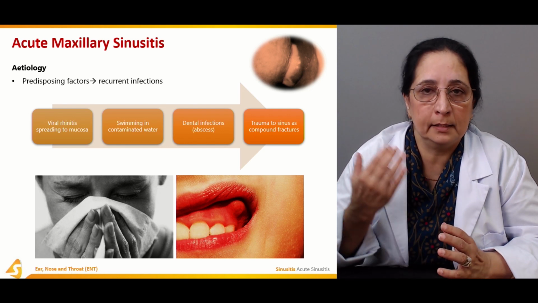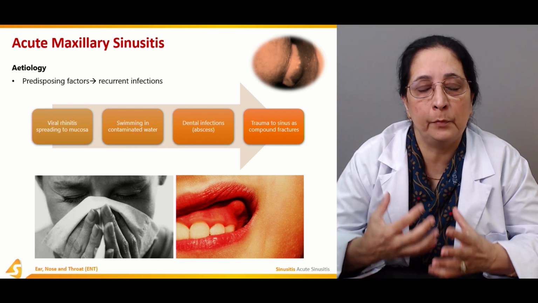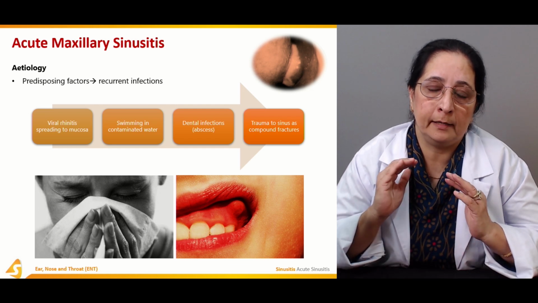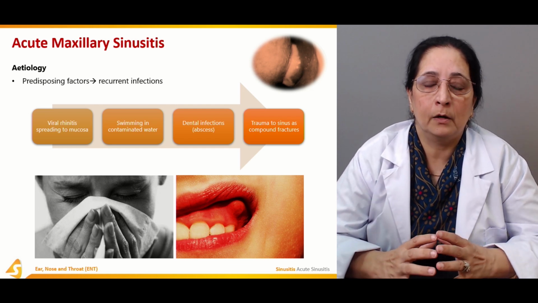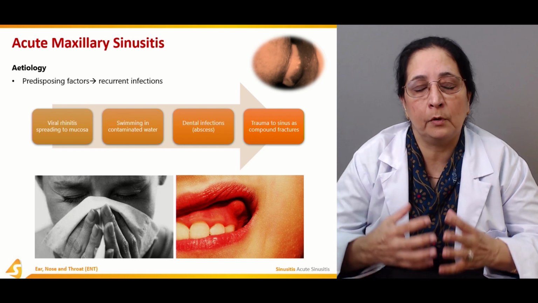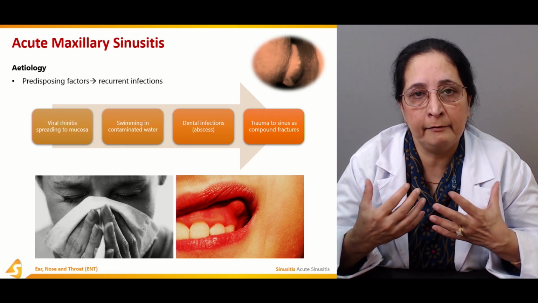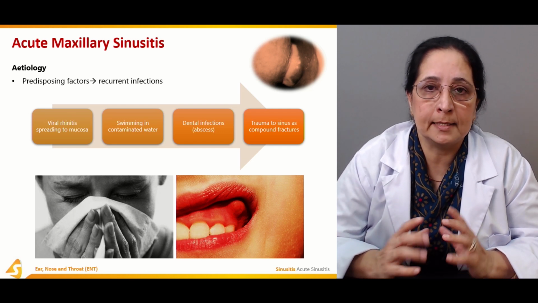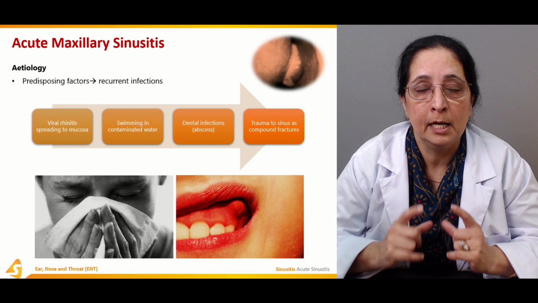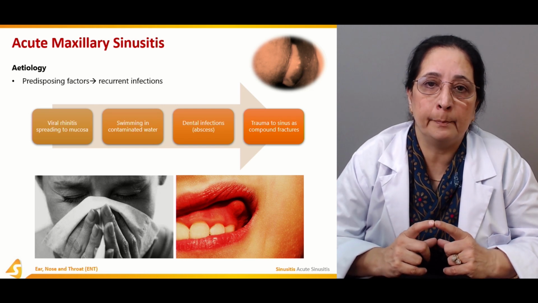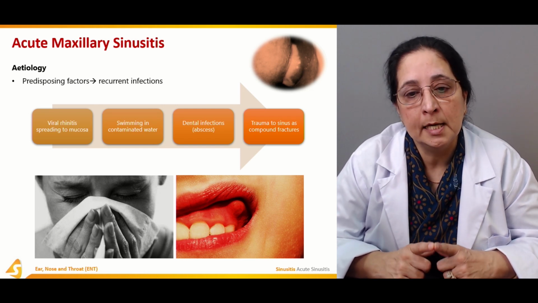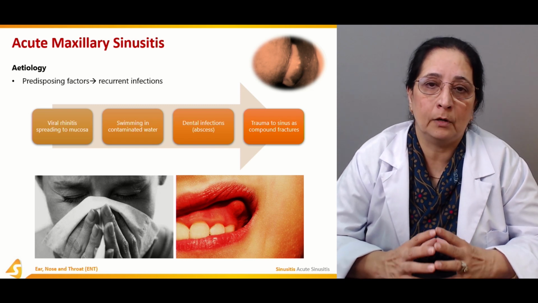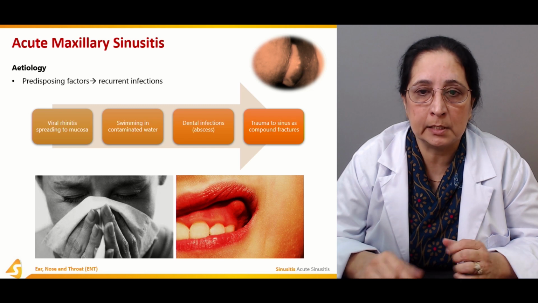When there is a fracture of the facial bone that is compound, and it comes out of the body or invades the skin, then sinusitis can occur as a result of that trauma, especially a compound fracture, not a simple fracture. So all these are common causes of maxillary sinusitis.